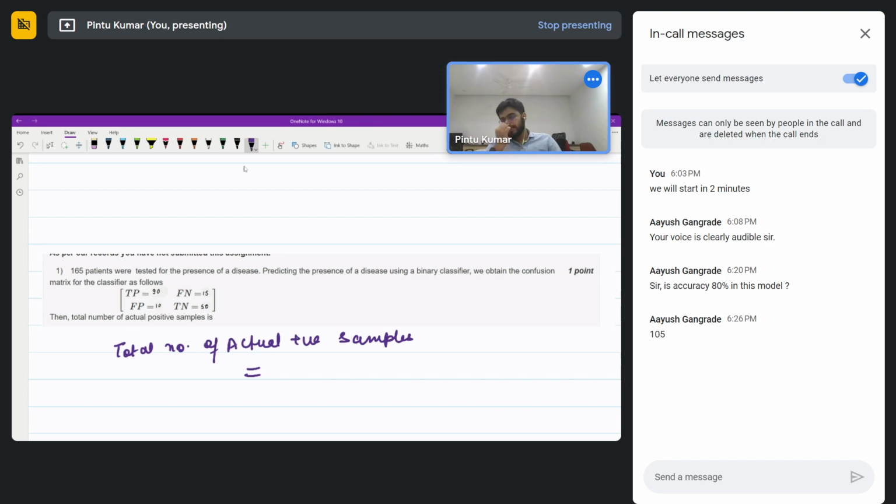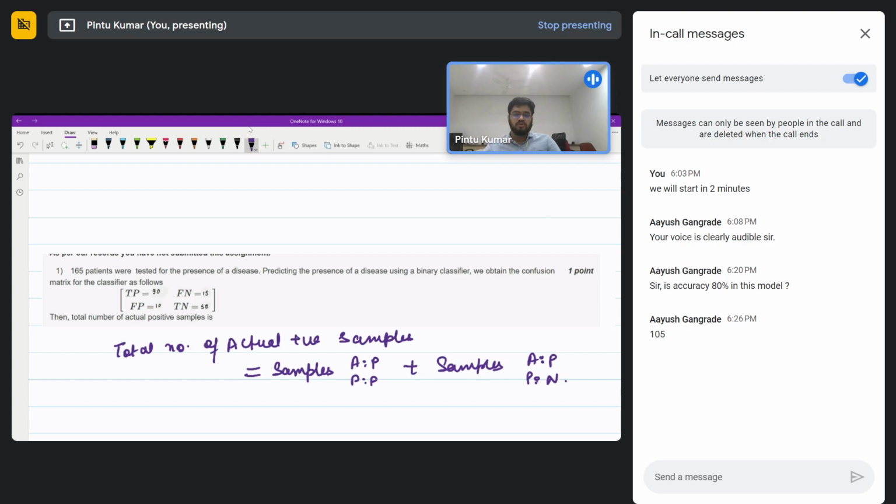That would mean the samples which were actually positive and were predicted to be positive, plus samples which were actually positive but predicted to be negative.